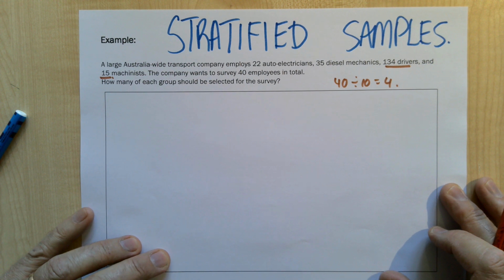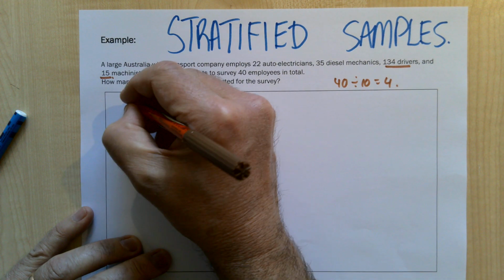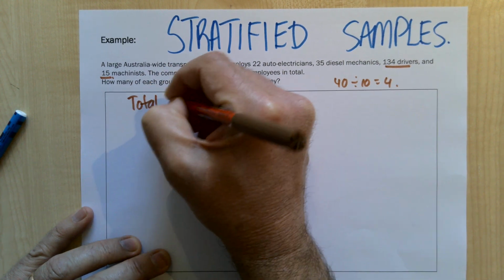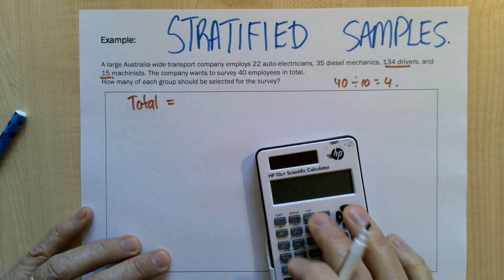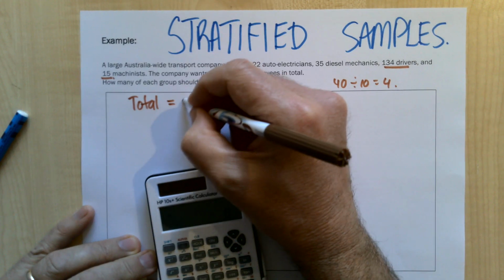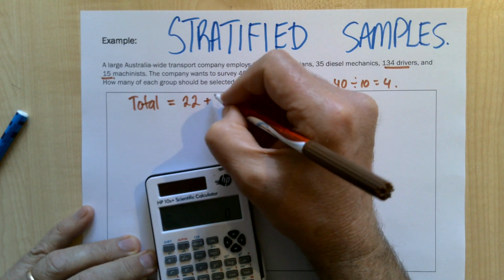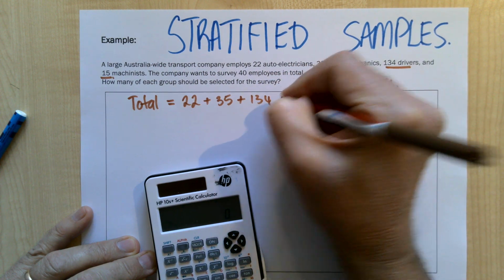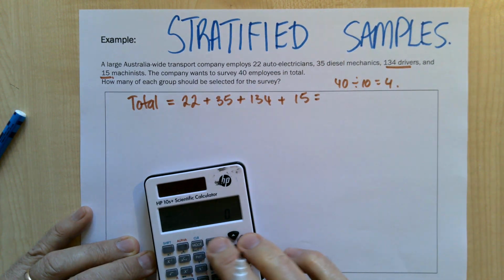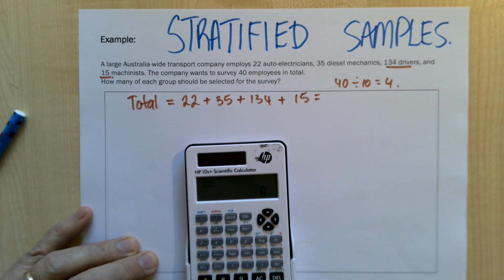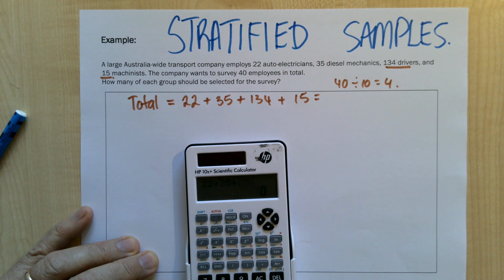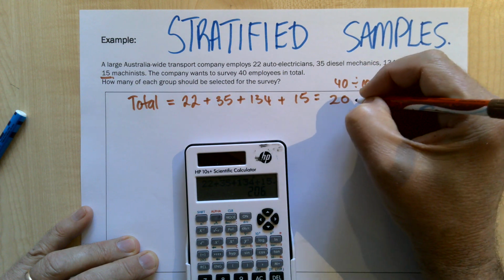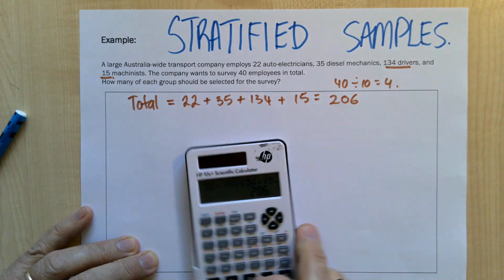Okay? So, first of all, what's the total? How many people have we got in total? Okay, so we've got 22, 35, 134 and 15. All right, so there's 206 employees in total.